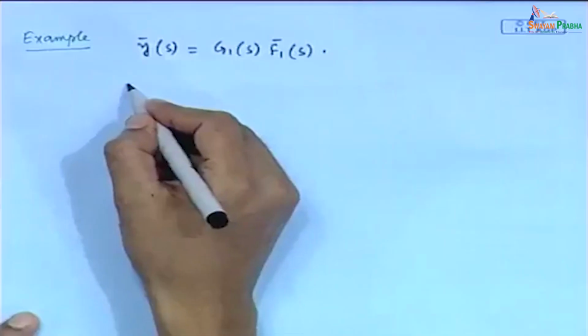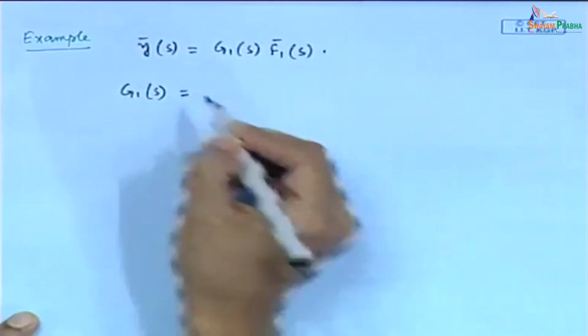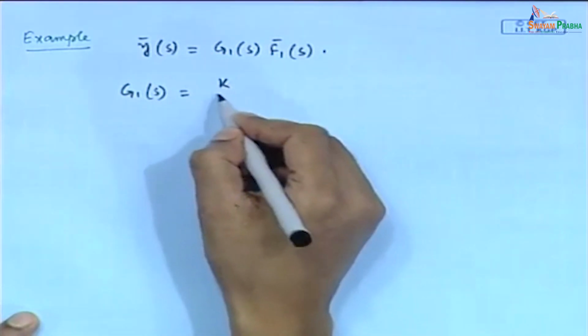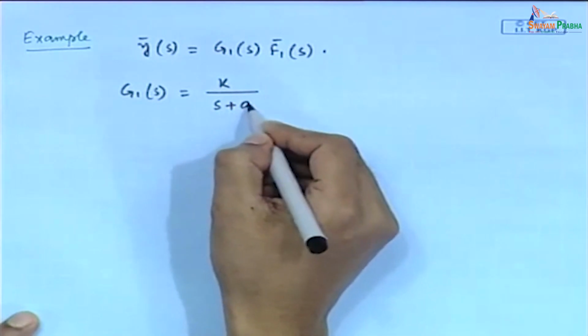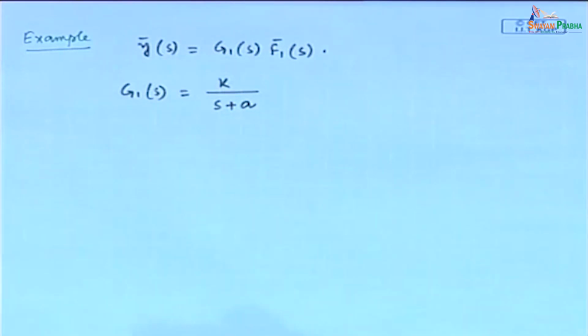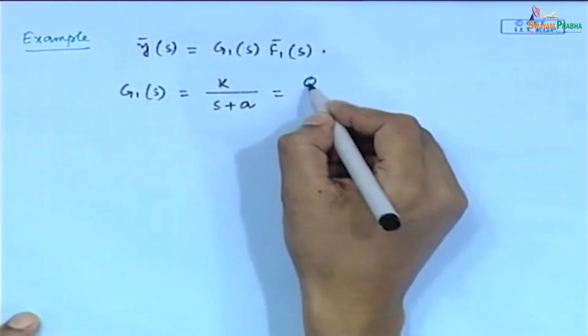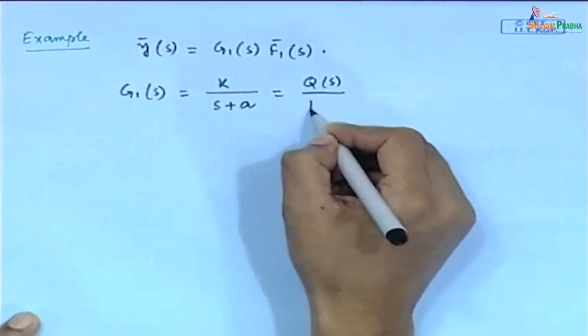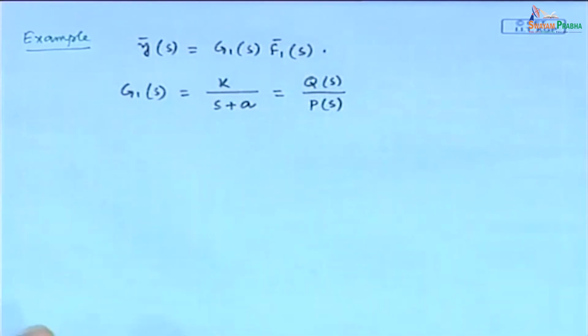This is the representation of the model for a seesaw system in Laplace domain, where G1 is given as K divided by s plus a. You can write this as Q(s) divided by P(s).